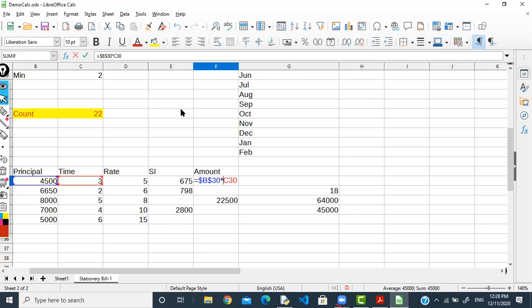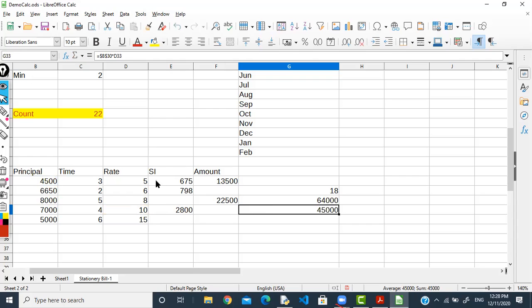What is the formula here? Here the formula is $B$30 multiply C30. Now check the formula here. What is the formula here? Still $B$30. The second address is going to change, but the first is not going to change. It's not changing the row number, and it's not changing the column number.